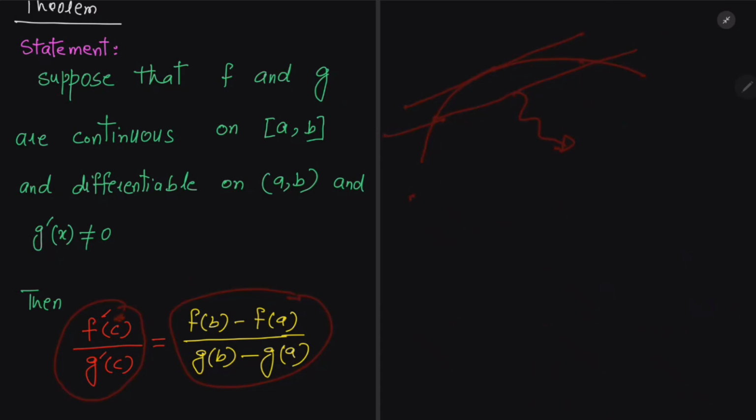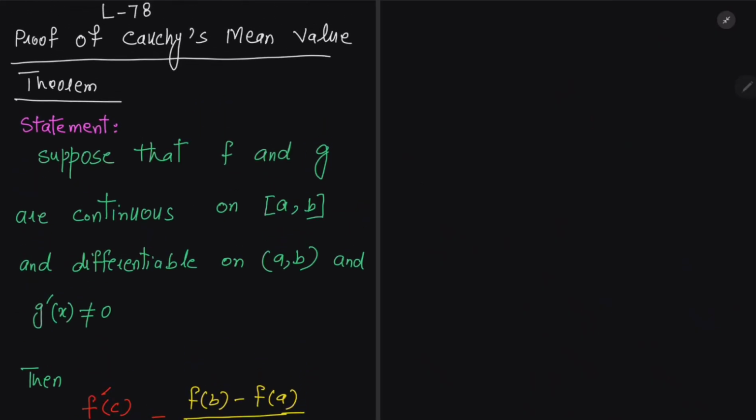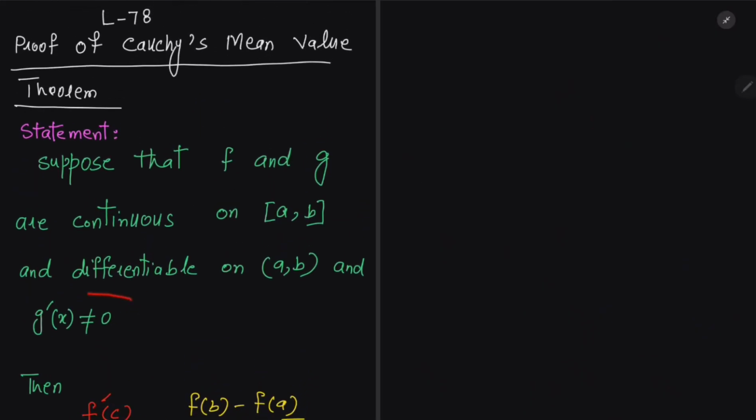So let me prove this theorem for you. The first thing we want to show over here is the consequence of g'(x) not being equal to 0. We are going to prove this theorem.